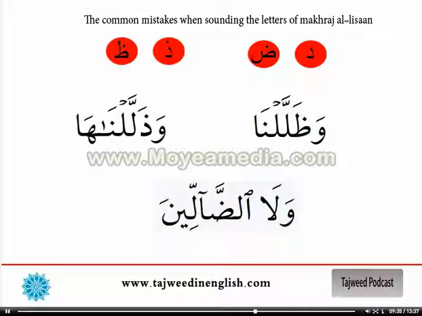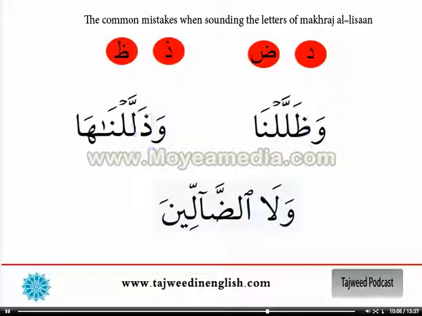And here is another example to differentiate between dal, dad, da, the, dha, dhal. When we read in the Quran, as you can see, وَظَلَّلْنَا in Surah Al-Baqarah, dha is different than dhal. وظللنا عليهم الغمام.